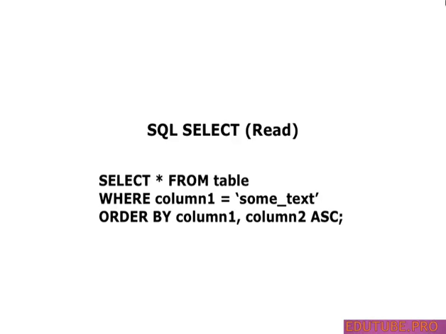We could also have DESC for descending. The overall idea here is that we're retrieving rows from a database. If you've never worked with databases before, it might be helpful to think of it as something like Microsoft Excel, where you have actual rows and columns. And we're going to be pulling back every row where a value in a certain column matches what we've asked for. That's the SQL select statement.